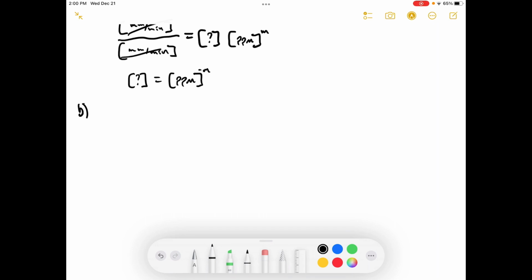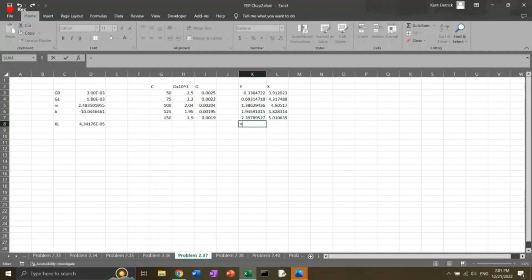Okay, so we'll just use our model and we'll calculate what G equals if C equals 475 ppm. So we'll start plugging in our numbers here. We know that C equals 475. We know that X equals 6.16 because of that.